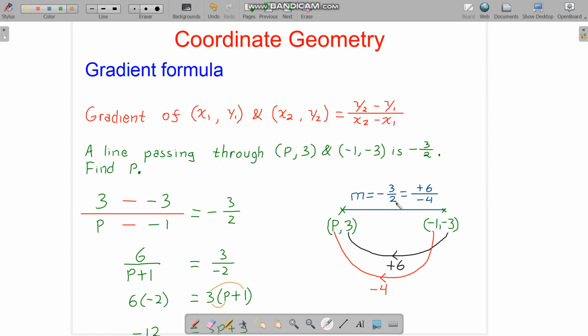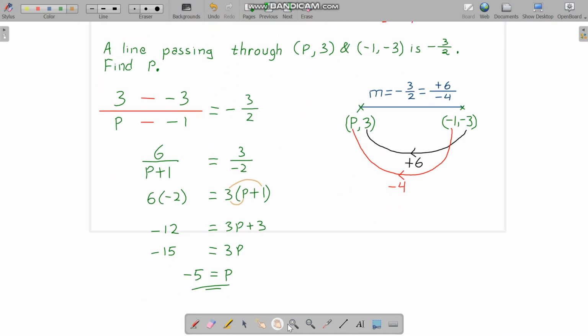Now since the gradient is minus 3 over 2, or we can say plus 6 over minus 4, then the difference in the x value must be minus 4, because again, plus 6 divided by minus 4 is minus 3 over 2. So if the difference is minus 4, as we go from right to left, minus 1 minus 4 is minus 5, and that's why P is minus 5 without using any formulas.